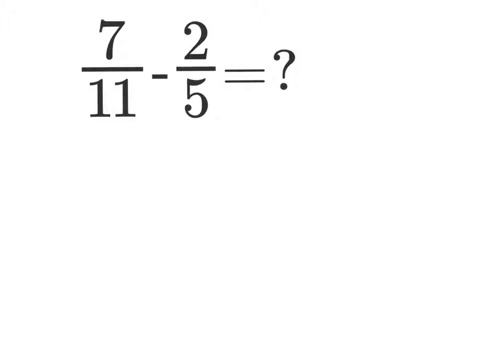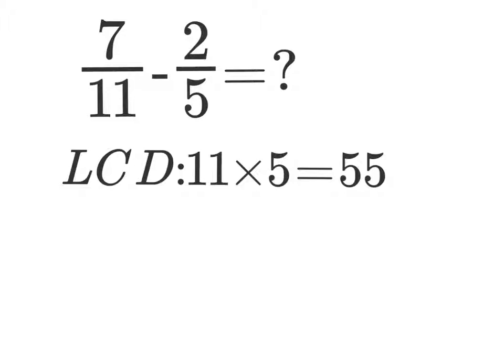Well, if you recall from earlier in this screencast, the first thing that we need to do is to find the lowest common denominator. So in our case, we have 11 and 5, so the lowest common denominator would be 11 times 5, which is 55.